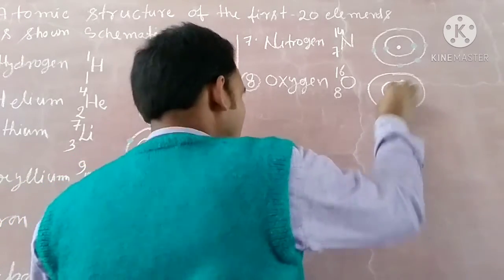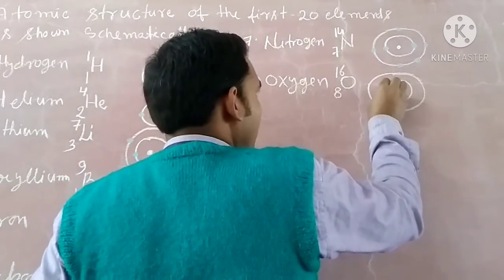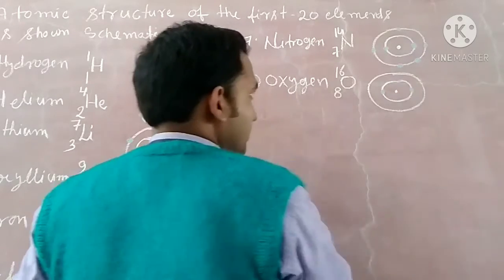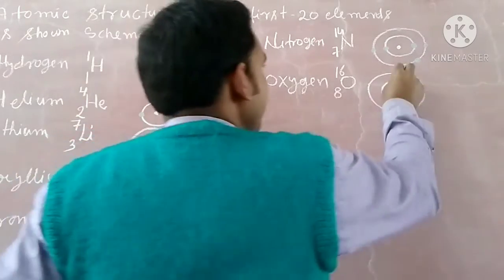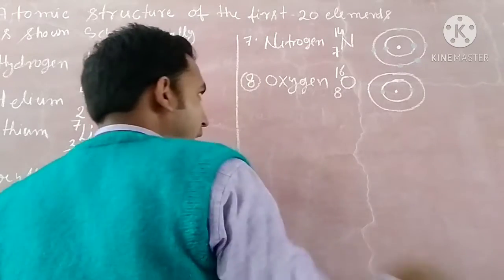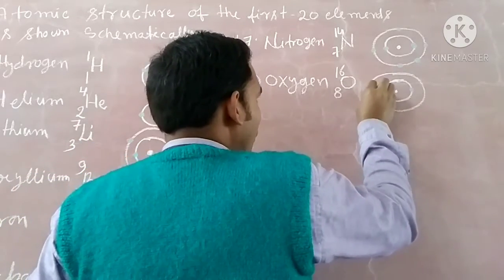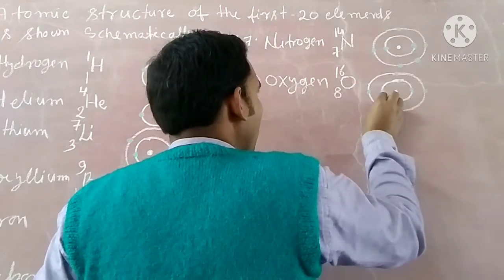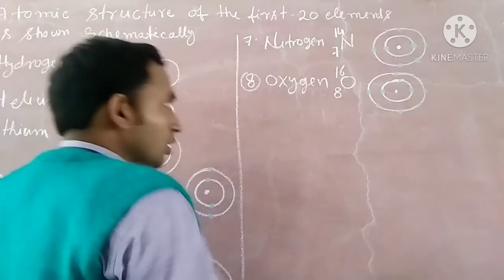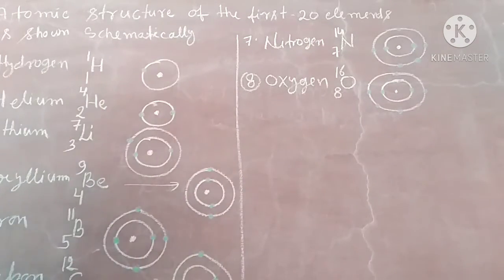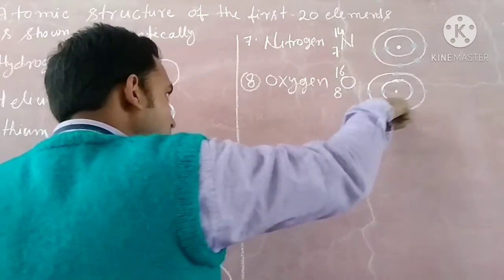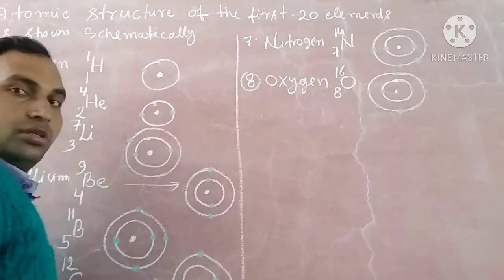First you put 2 electrons in the first cell, because 2 electrons is the maximum in the first cell. This is known as the K cell. Okay. And the remaining electrons: 1, 2, 3, 4, 5, 6. 2 plus 6, 8 electrons. Okay. This is the nucleus. Electrons revolve surrounding the nucleus.